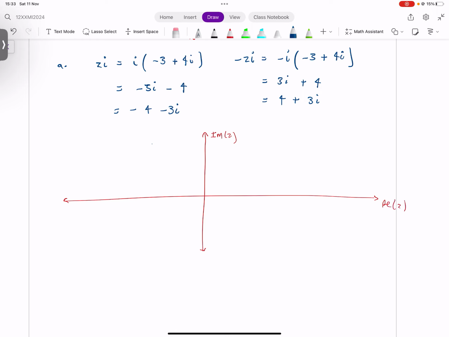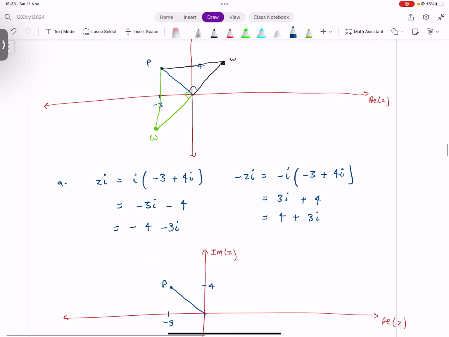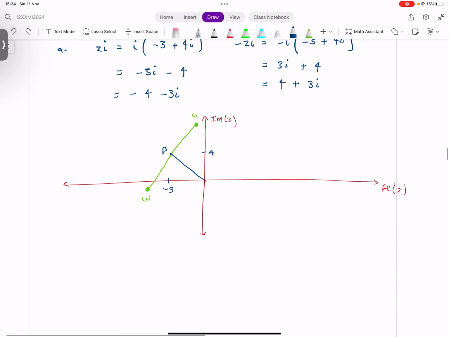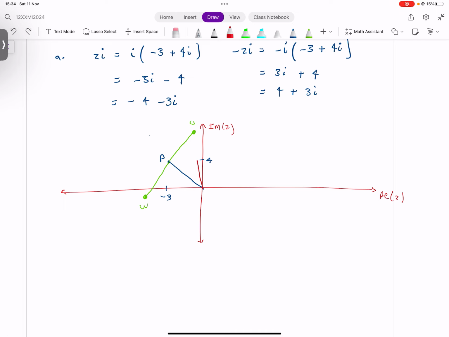So we've got vector P. And this time we've got a right angle at P. So it's an isosceles triangle, and it's either going to be that one there or that one over there. So this is w or that's w. And we're trying to find this vector here in red. What is that vector there?